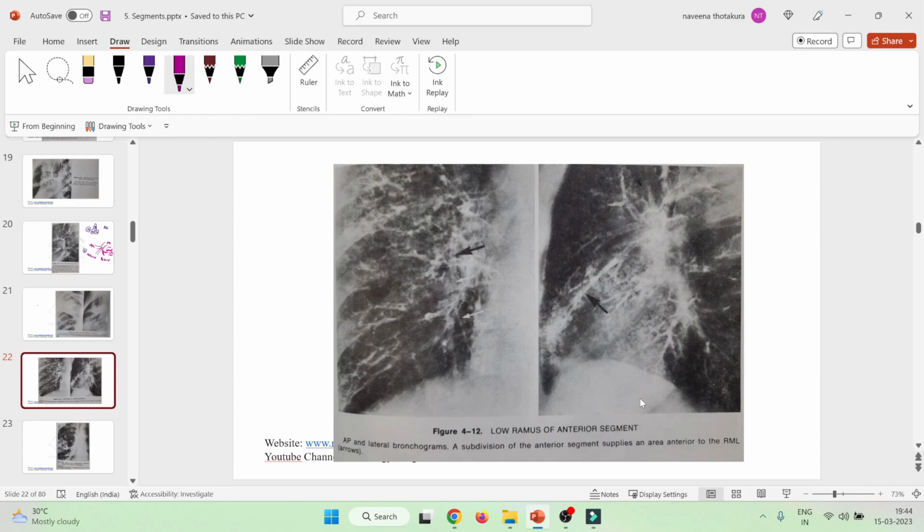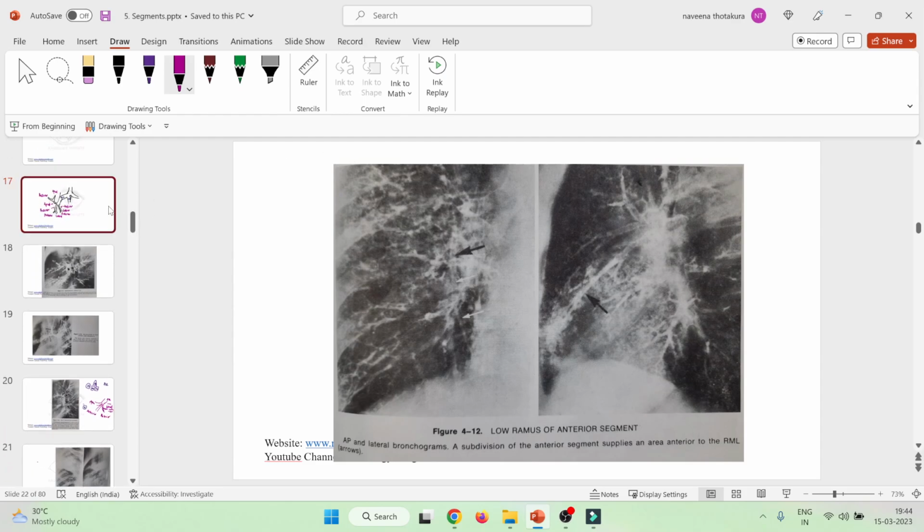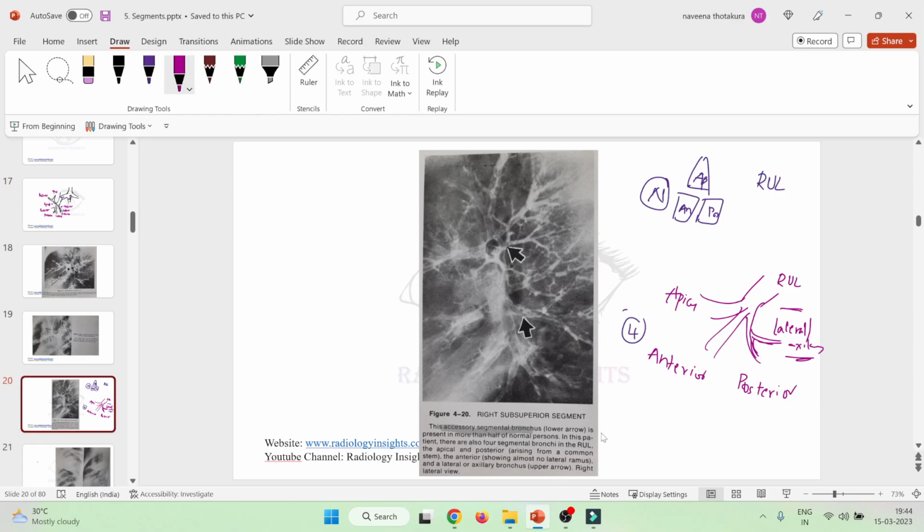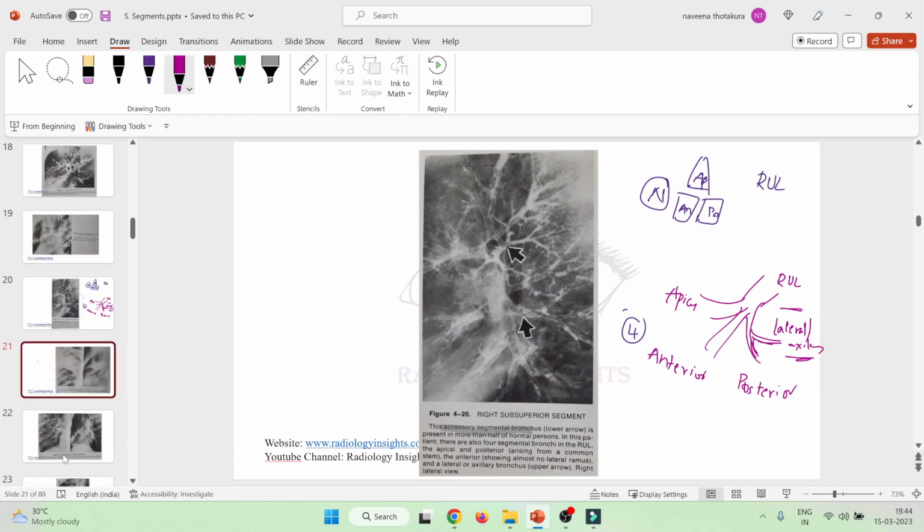If you see in the anterior and posterior segments, we have two lateral subsegmental bronchi. Due to overdevelopment of either of these lateral subsegmental bronchi, we have this one accessory small fourth segment which is supplying the lateral or axillary region.